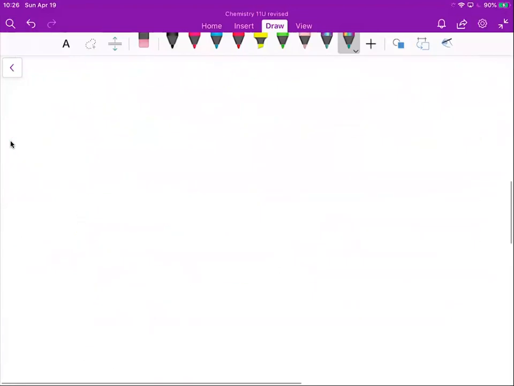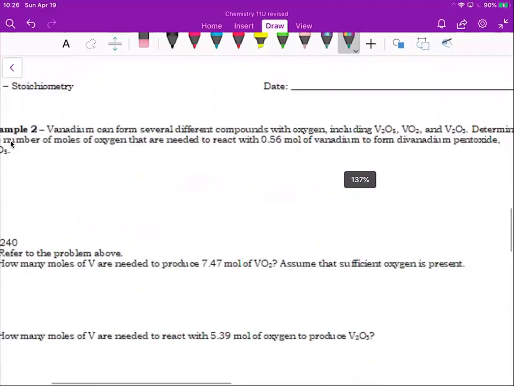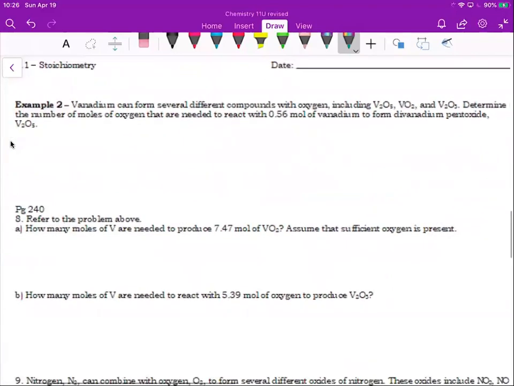Okay. All right, let's look at another example. Vanadium can form several different compounds with oxygen, including V2O5, VO2, and V2O3. Determine the number of moles of oxygen that are needed to react with 0.56 moles of vanadium to form divanadium pentoxide.